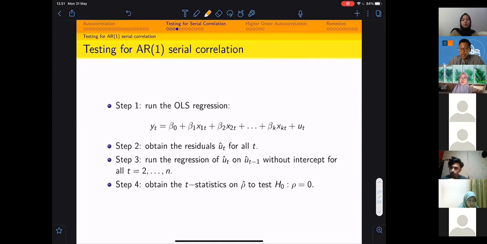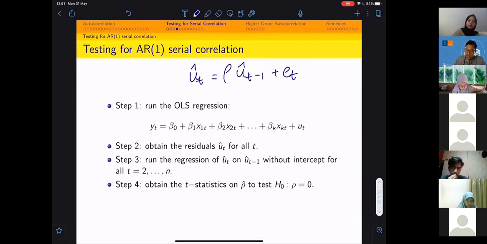Once you do your regression, you're going to save the residuals. Once you have the residuals, you're going to regress u hat t on u hat t-1.